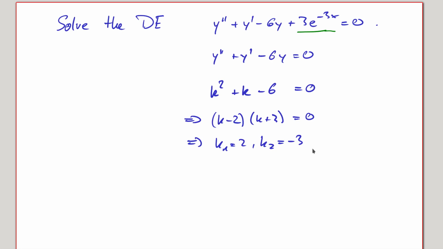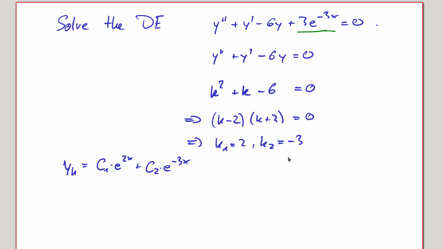So it's clear that the general solution of the homogeneous differential equation is just c1 times e to the power of 2x plus c2 times e to the power of minus 3x. What is left to do is to find a particular solution for the inhomogeneous differential equation, and then we are done.